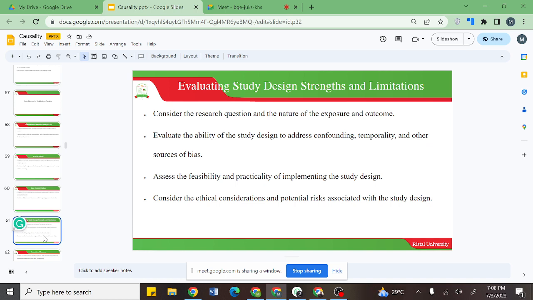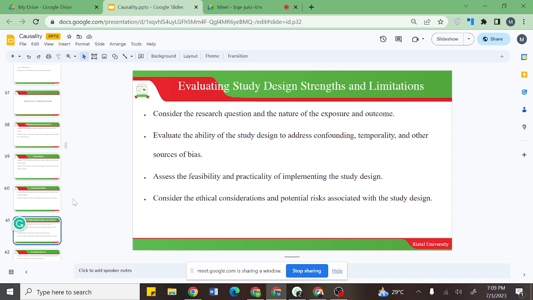You need to evaluate and determine whether you can actually apply those findings or you cannot. So that means that for you to use any of the research study designs, you must have carefully evaluated the strength and limitation of each of the study designs.